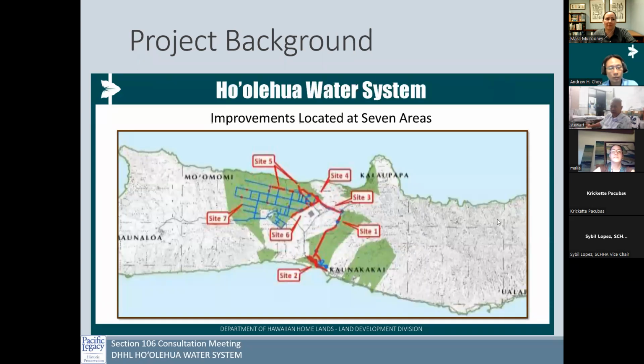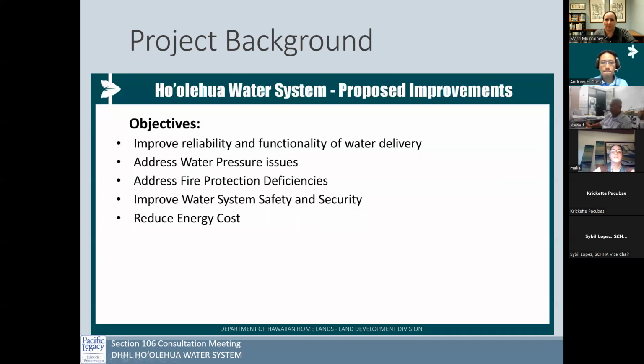And you see here that the objectives of the project were to improve the reliability and functionality, address water pressure in certain areas, address fire protection deficiencies, and improve the overall water system safety and security.